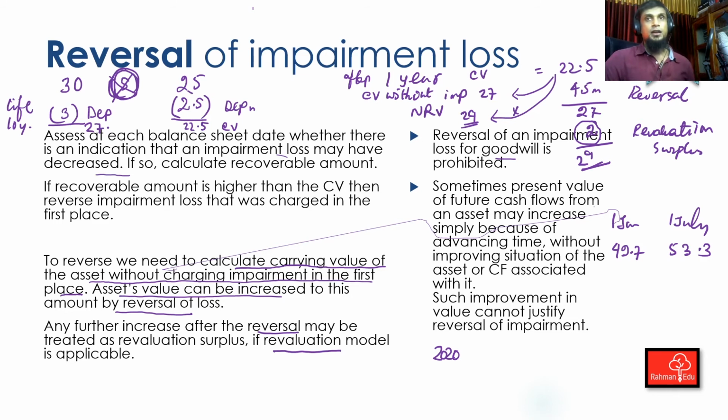And now you can say, oh, the value of the asset increased, so let's reverse impairment loss. Sorry, this is not acceptable under IAS 36. This is that principle.